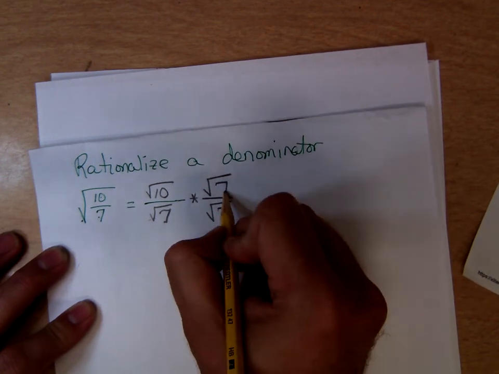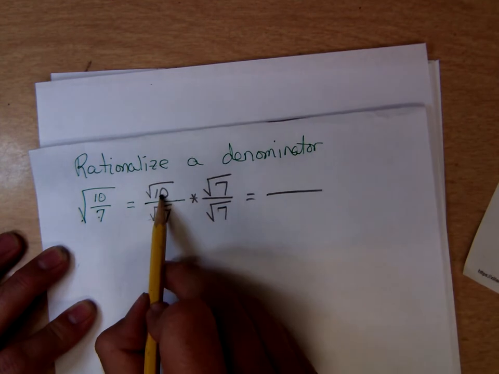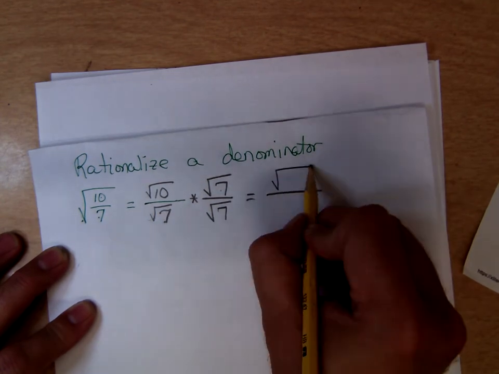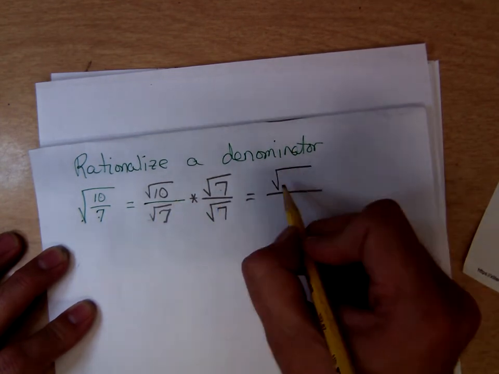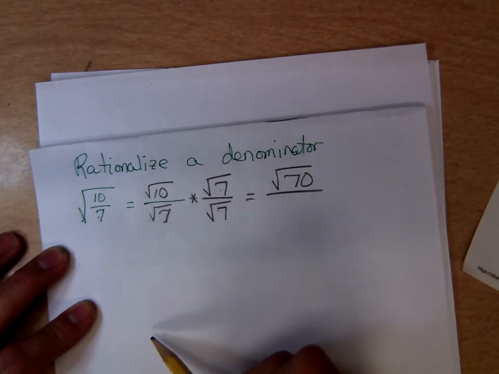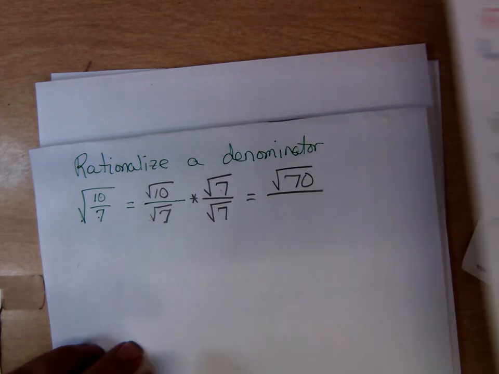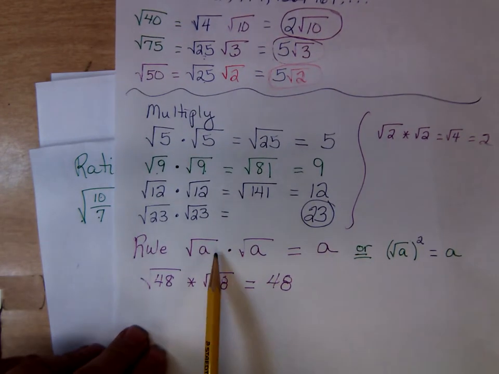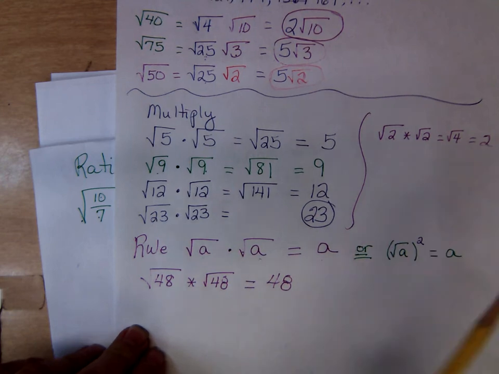And you'll have a square root. Remember, when you multiply the numbers underneath there, 7 times 7 is 49. But we don't need to use a 49 because we have that rule: a square root times itself is just whatever's under there.